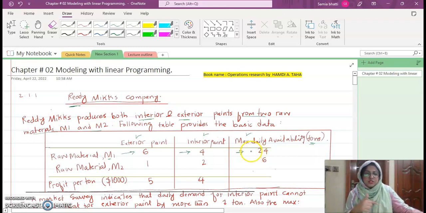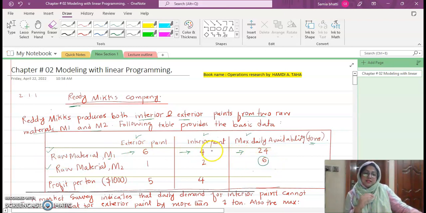Now, whatever production we are doing with raw material 1 should not exceed 24 tons in any case, which means that the production should be inside the 24 tons availability told by the company. All right, if we look at raw material 2, it also has a limitation of 6 tons, right?